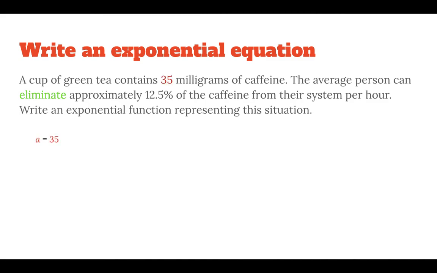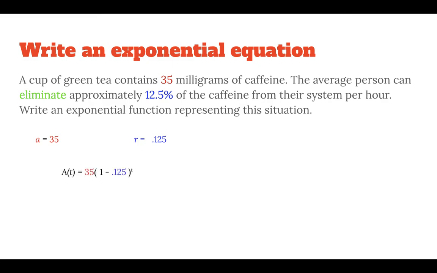We started with 35 milligrams of caffeine in the cup. So my starting value will be 35. There was a percent mentioned. That's not in decimal form, even though there is a decimal there. I still have to divide it by 100 to get a new decimal value of 0.125.